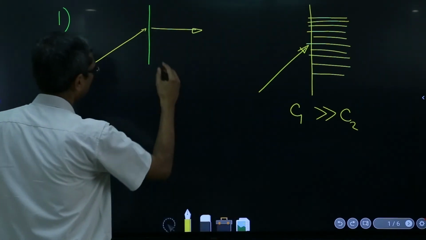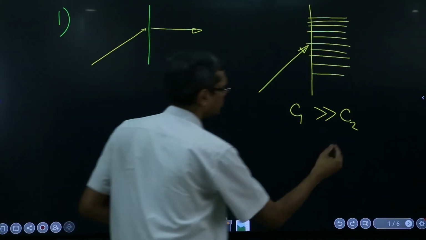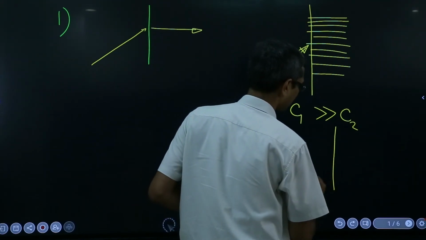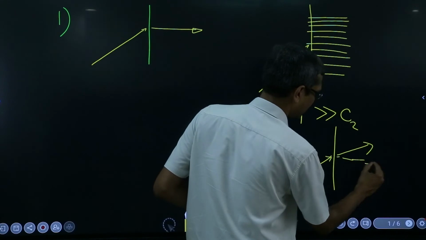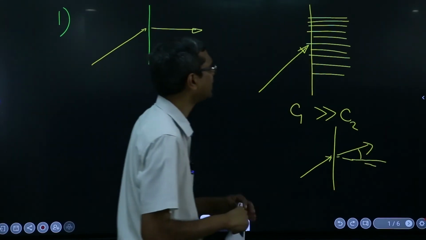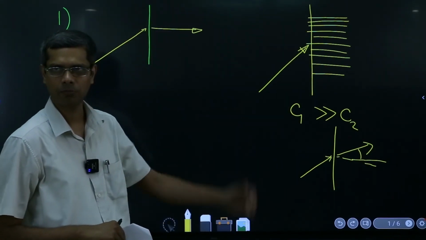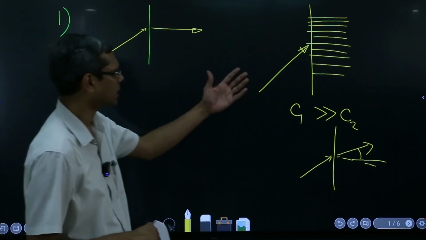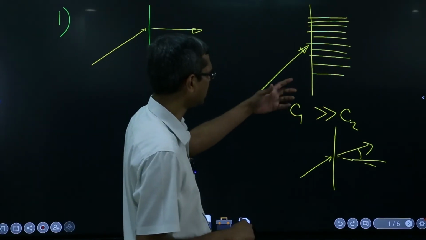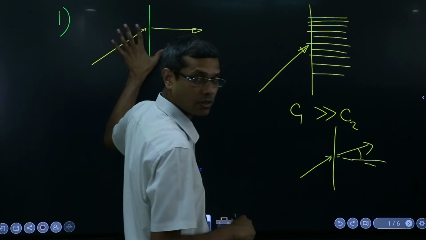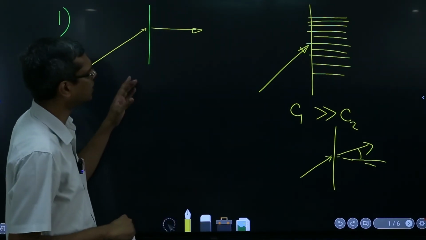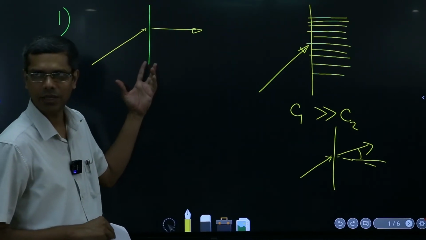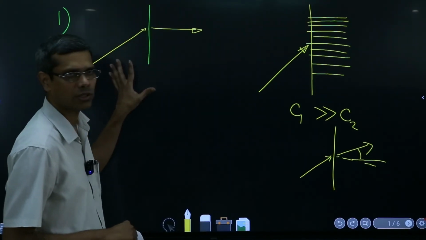Then ideally the wave should bend like this, but this angle now becomes so small that it is almost 90 degrees. Either of such conditions, if it exists, then this kind of situation will come up. And there is a name for solids of this type. They are called locally reacting solids.